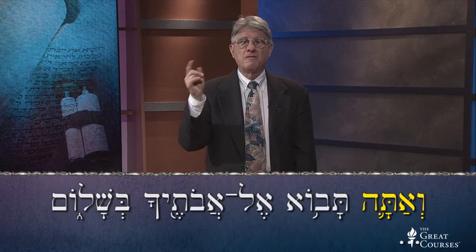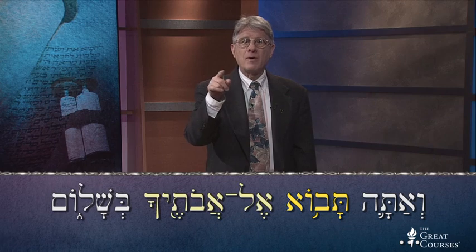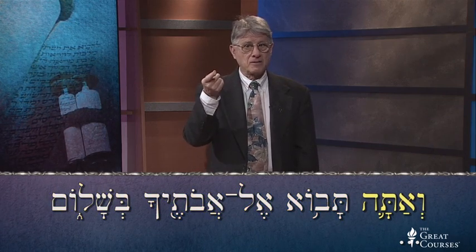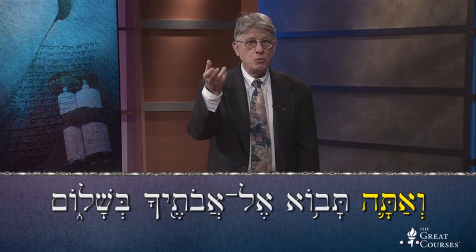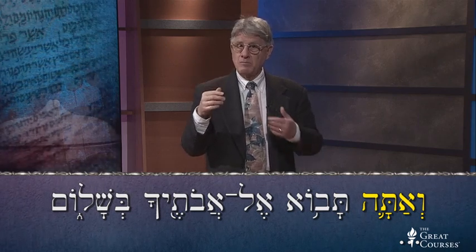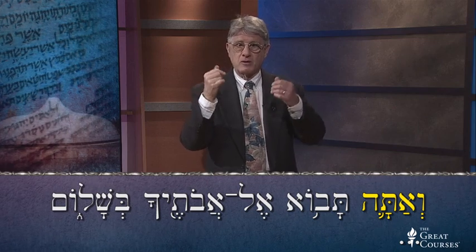Then he tells Abram, verse 15, Ve'ata tavo el beitecha beshalom. Ve'ata, but you, remember that v doesn't only mean and. It can mean but or, depending on the context.